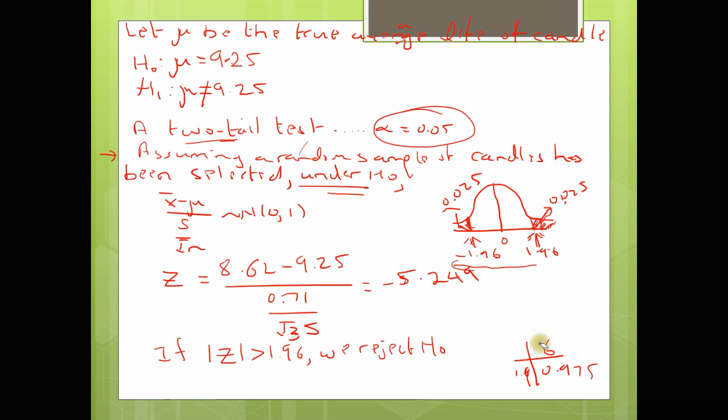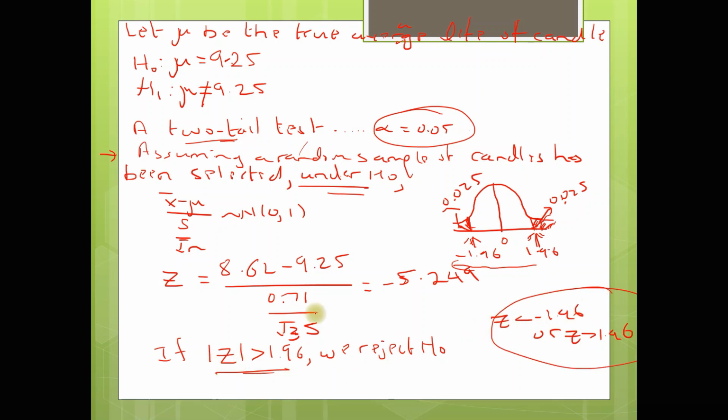If modulus z is greater than 1.96, we reject H naught, because modulus z greater than 1.96 means either z is less than negative 1.96 or z is greater than 1.96. That is the conclusion to that. Instead of writing it like that, it's more lengthy. It's easier to write it down like: if modulus z is greater than 1.96.